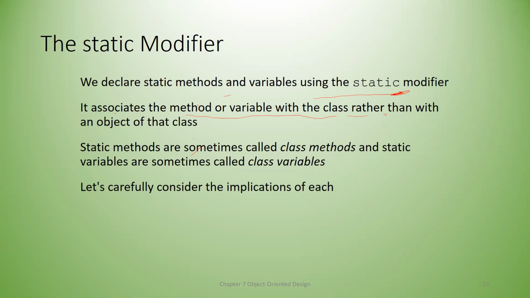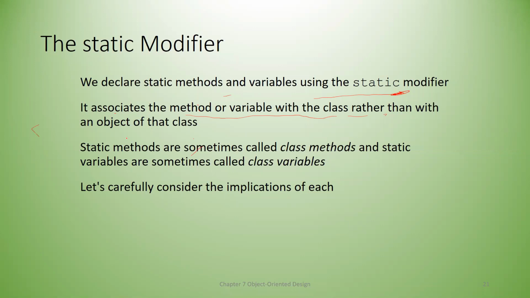What this is saying is the static method or the static variable belongs to the class. They do not belong to an individual instance. Remember, an instance is an object, right? You have one class, you can have many objects. So a static method or variable belongs to that class and not an individual object, which means all the objects can share that static method and static variable.